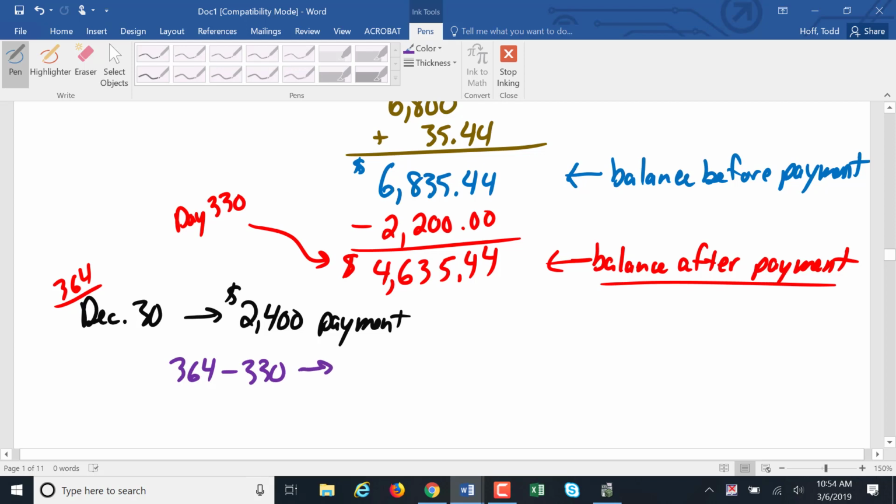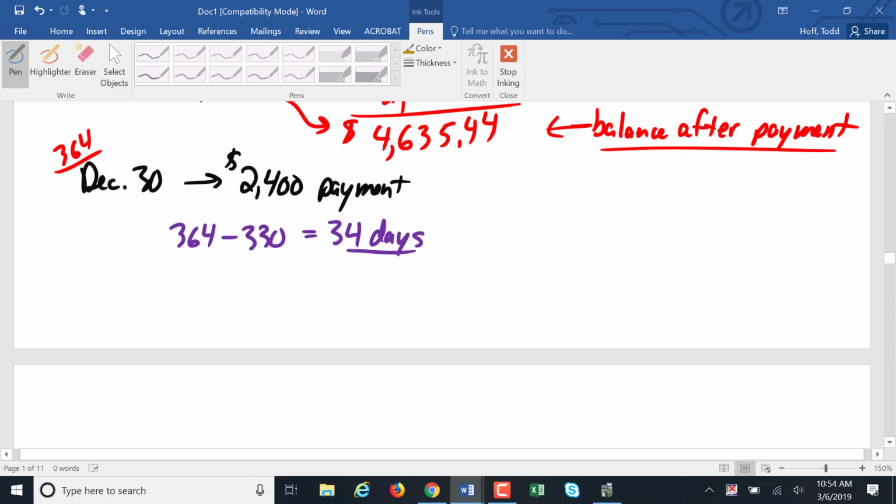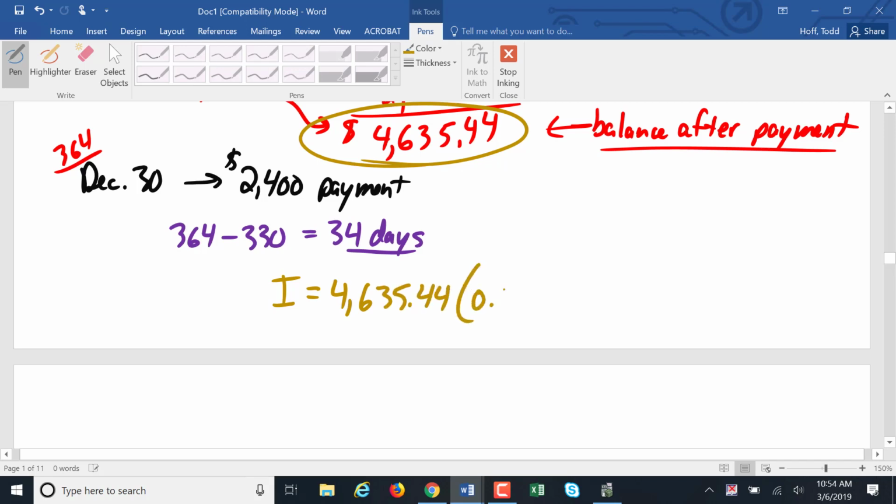There have been 34 more days that have gone by. So we're going to calculate our interest again. I equals PRT. Now our principal is that balance that was on November 26th of $4,635.44. Our rate is still 6.7%, so 0.067.